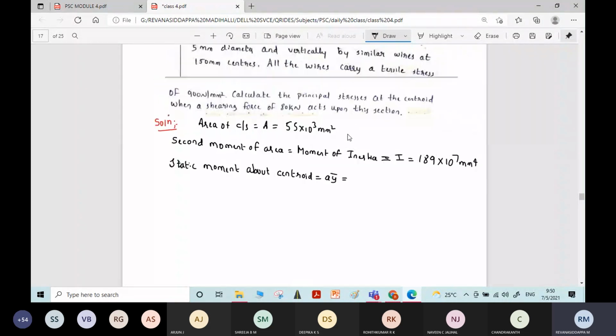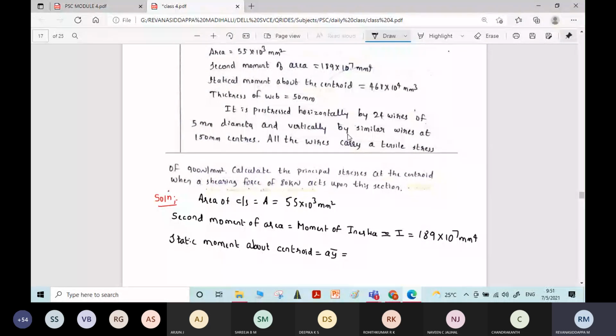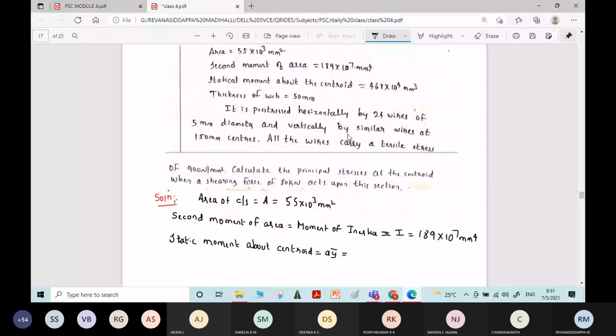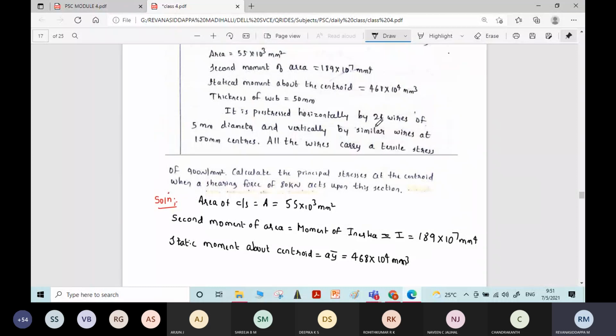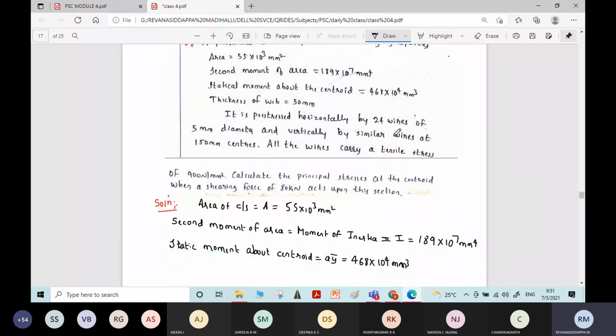It is given as 468 into 10 power 4 mm cube. It is given in terms of mm cube only.